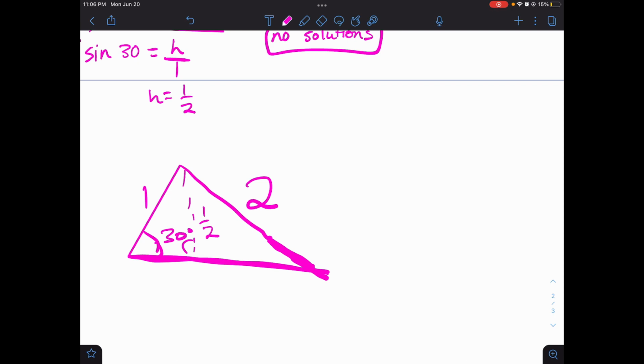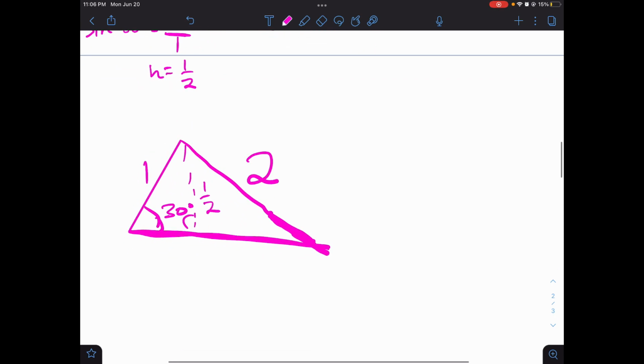But this cannot have 2 values because h is less than 2, but 2 is not less than 1.